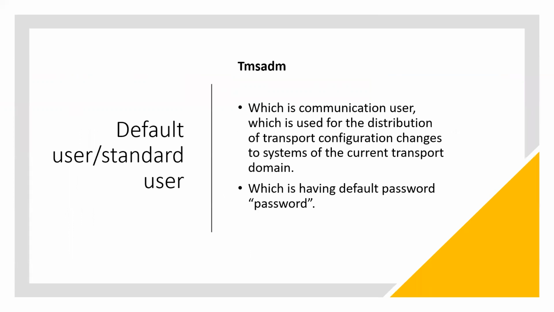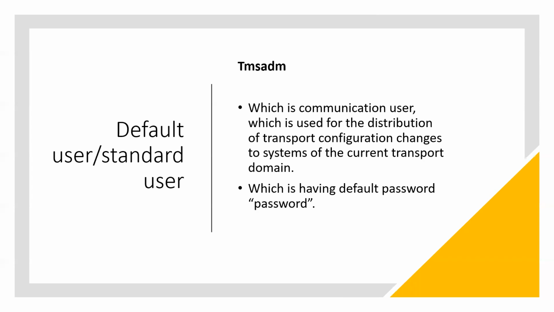Next, another user ID is TMSADM. TMSADM is a communication user which is used for maintaining or configuring the Transport Management System. Whenever you are maintaining TMS, we use the TMSADM user ID.